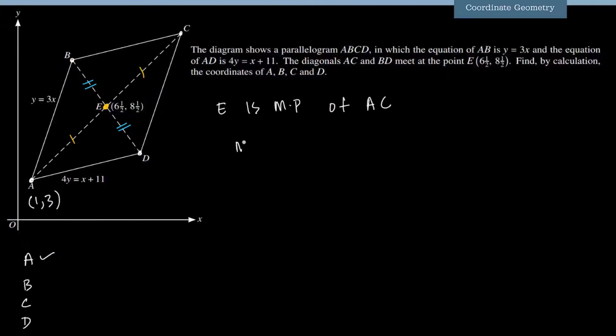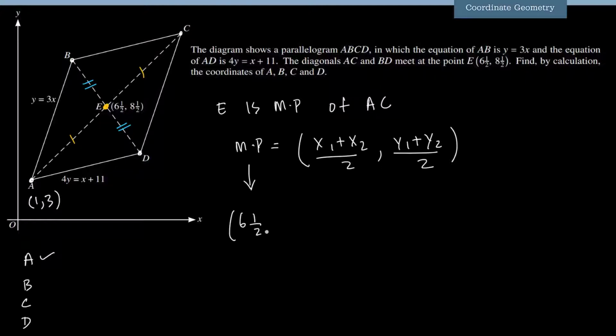We know that the formula of midpoint is x1 plus x2 divided by 2, comma y1 plus y2 divided by 2. I know that the midpoint is point E that has the coordinates of 6 whole 1 upon 2, comma 8 whole 1 upon 2.